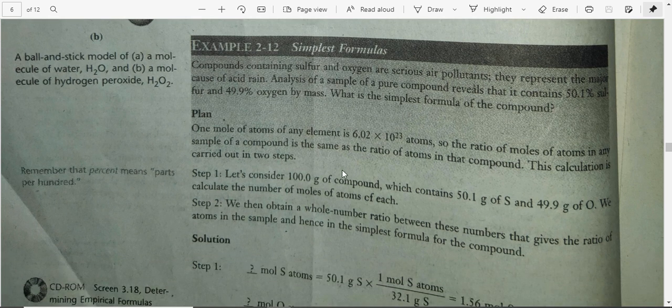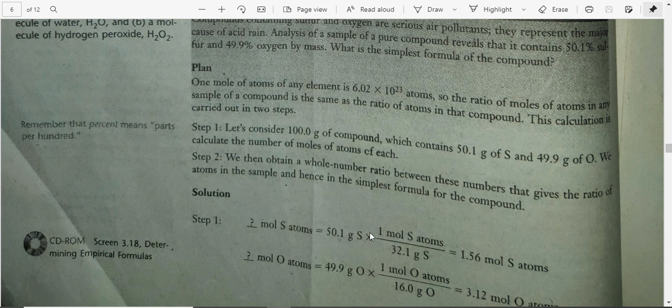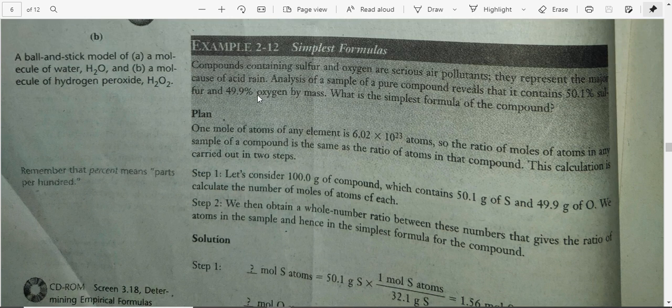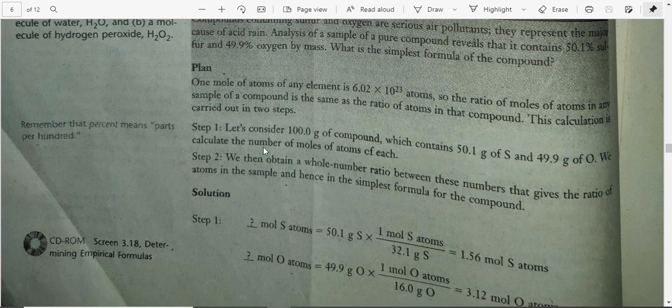Okay, first of all, you need to get the mole of your atom. Nga man ginhatag lang sa inyo is the atom only, or the element. Okay, so if you are given with the percentage, okay, you can convert it into grams. Kaya di ba may conversion ratio kita, if you are given with a certain total into 100, it is the total na compound.